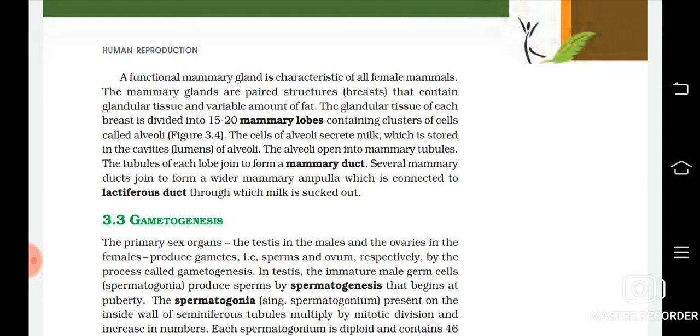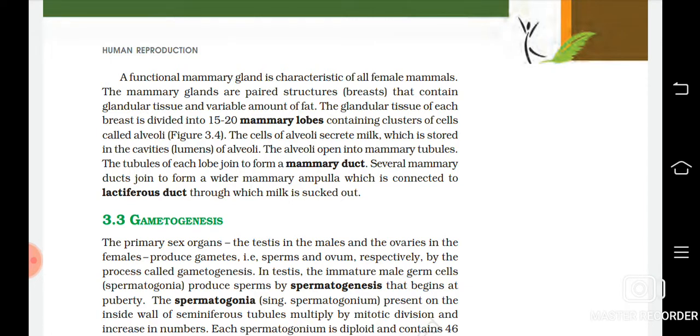The cells of alveoli can secrete milk, and this is stored in the cavities of the alveoli. Alveoli are clusters of cells, and in them there is a space or cavity, or lumen you can say, and there only the secreted milk is stored.